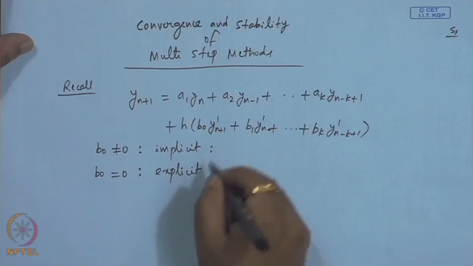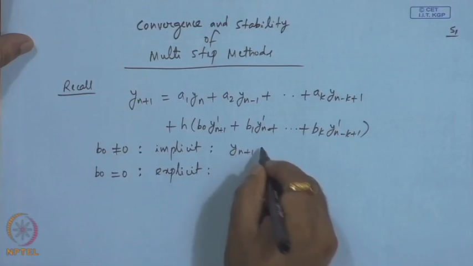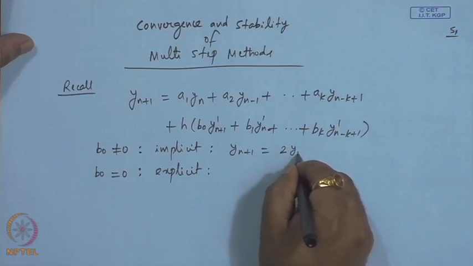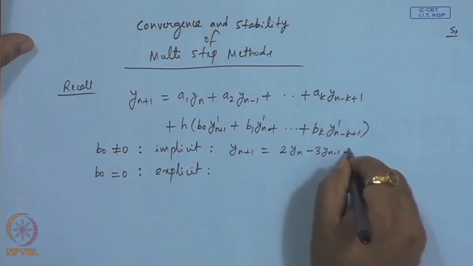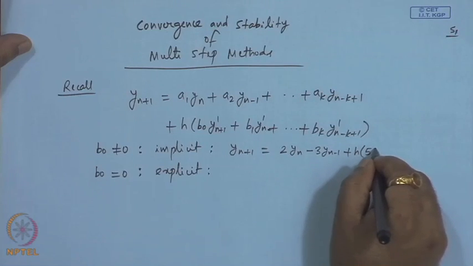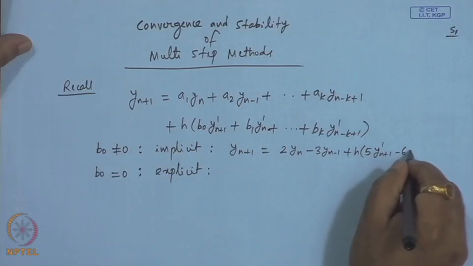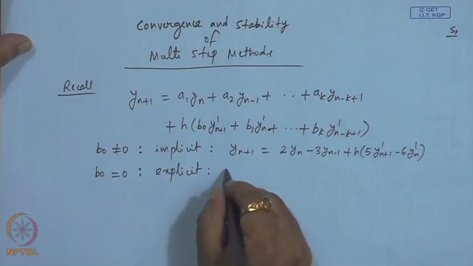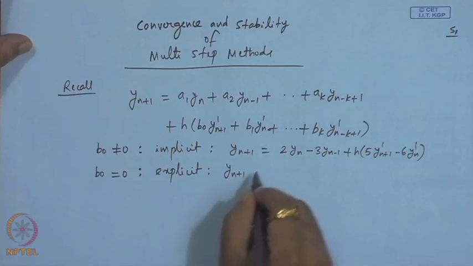Example: so this is implicit and explicit.